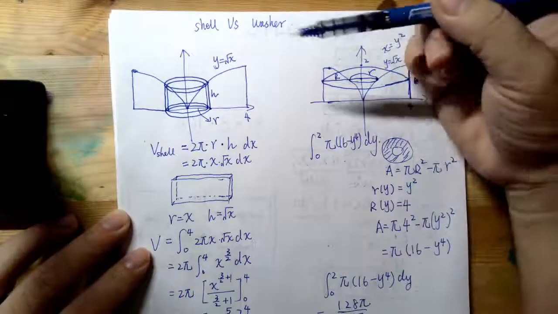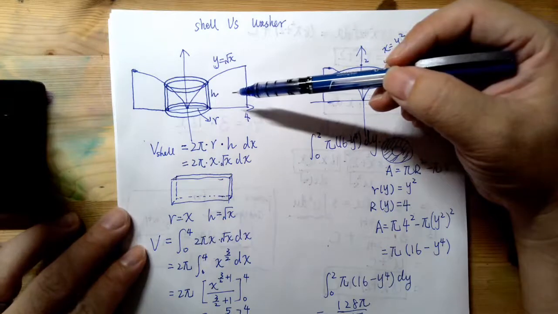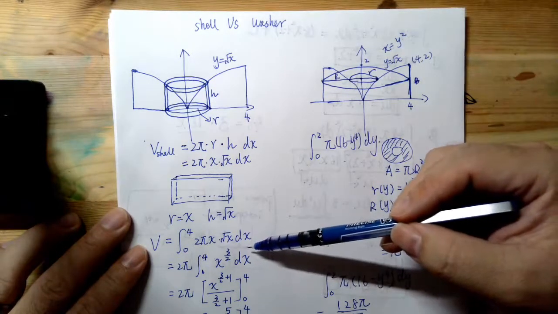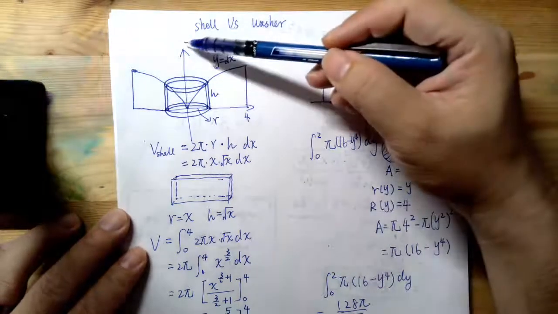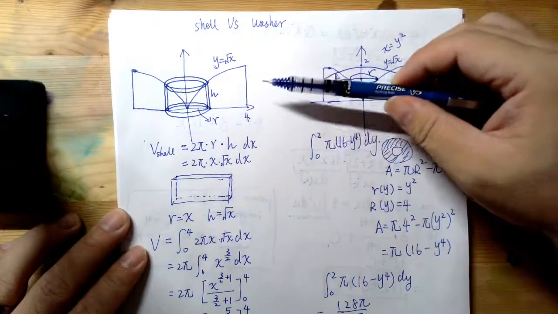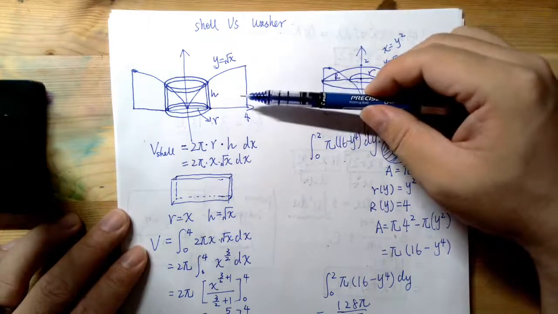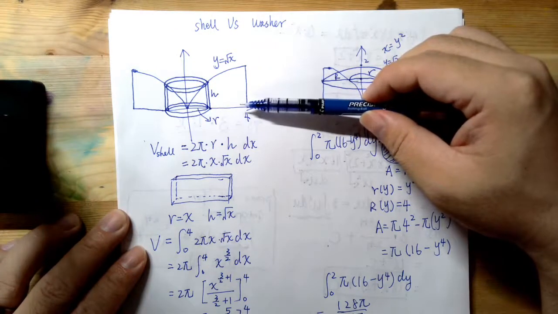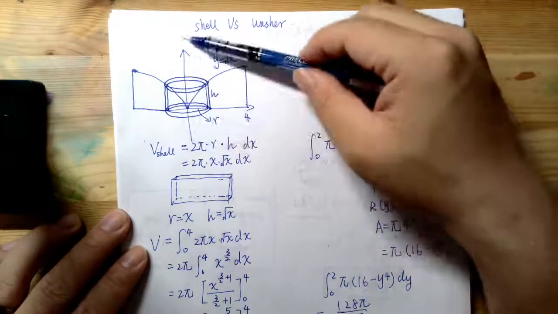If we use the shell method, the integral will be with respect to the axis that is perpendicular to the revolving axis.